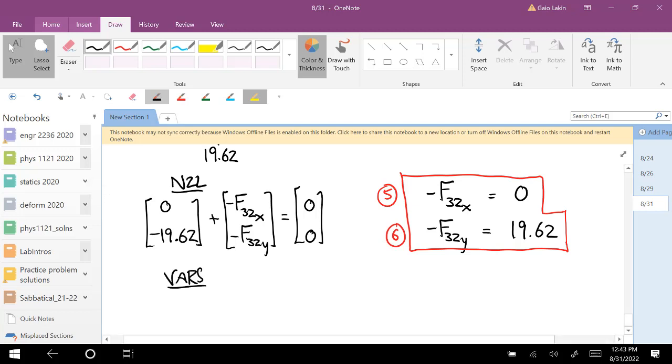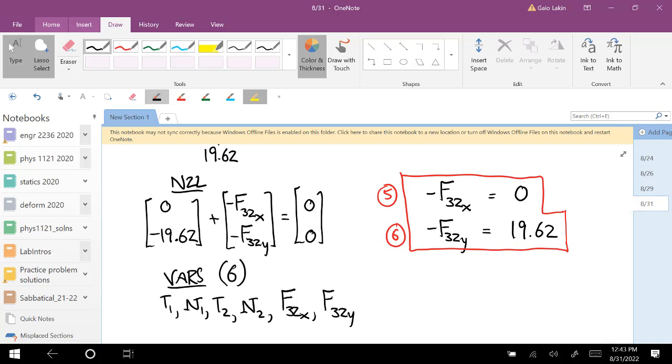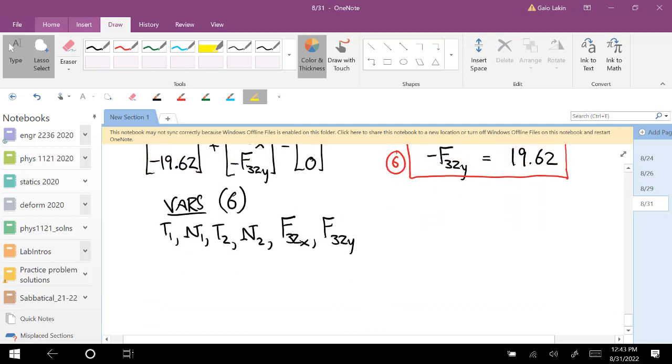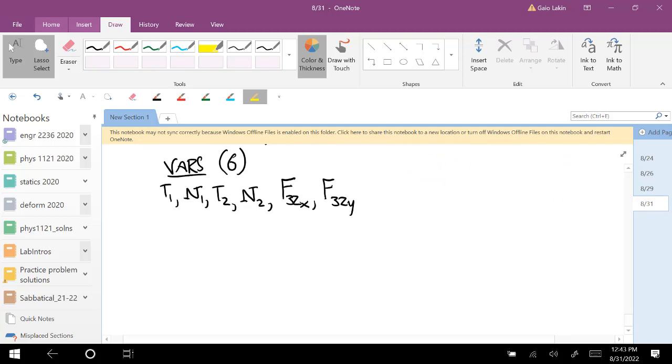And our variables, what do we have? T1, N1, T2, N2, F32X, and F32Y. So there's 6 variables, 6 equations. So the augmented matrix is going to have 6 rows, 7 columns.